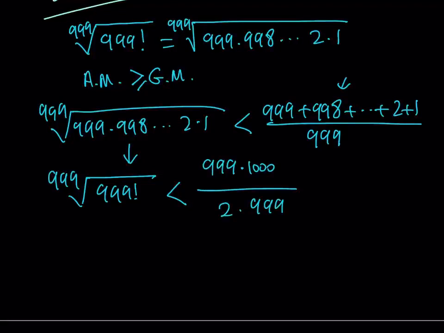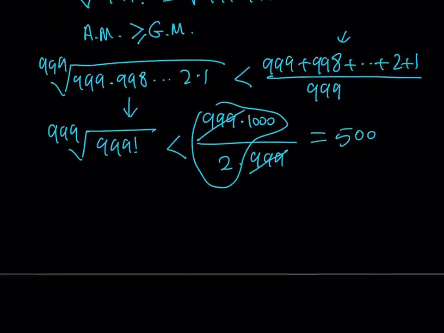So that's the sum that I get from the top, and I'm just dividing it by 999. I hope that makes sense. 999 cancels out, and guess what? We're getting 500 here. Yay! Awesome, beautiful. So this result gives me the 999th root of 999 factorial, that's a mouthful, is less than 500.